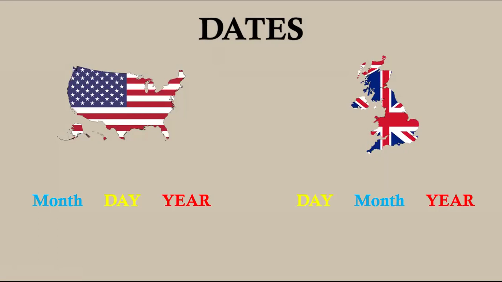As I am an American speaker, we're going to focus on the American way. But we are going to learn the difference, and we are going to learn a little bit about the other one.